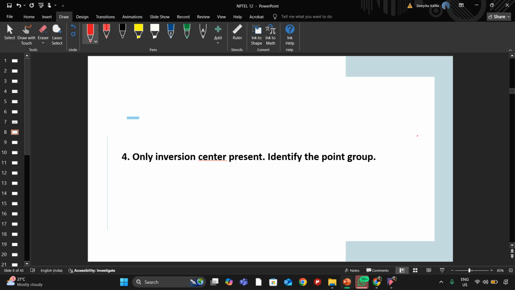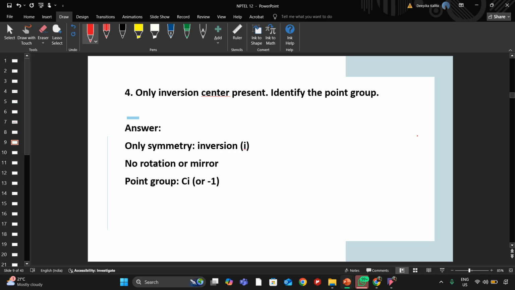In the next question, you have to identify the point group of a molecule which contains only an inversion center. To understand the inversion center, you can just relate to the previous question.